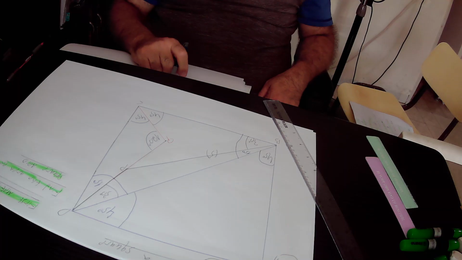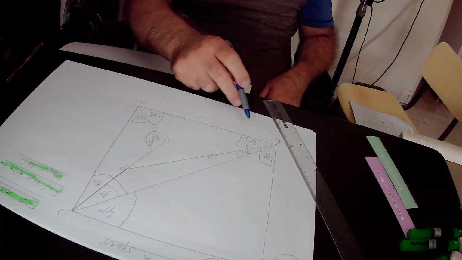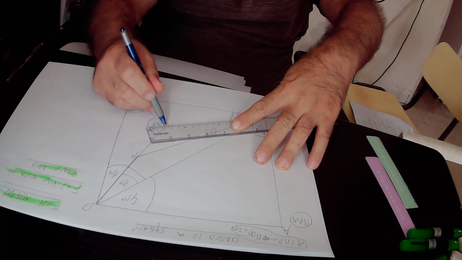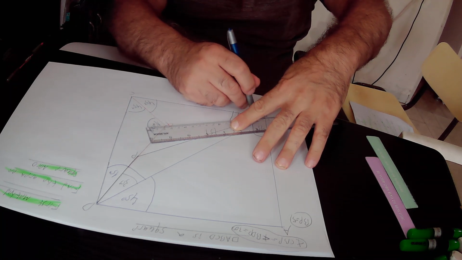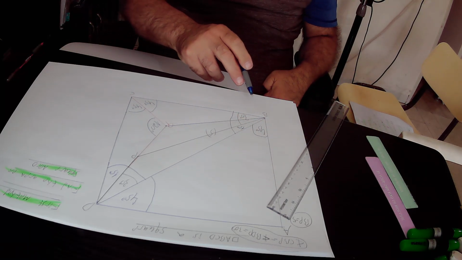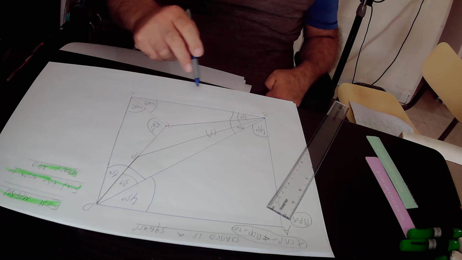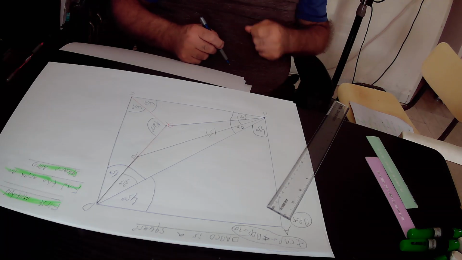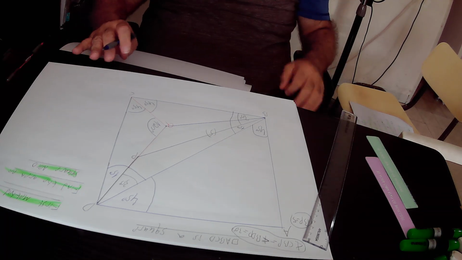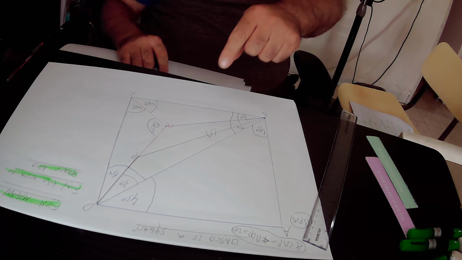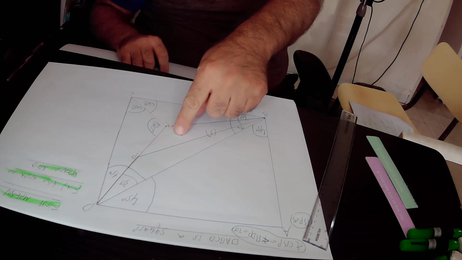In the next step, we will join points B and Q together by a straight line. By joining points B and Q together, we get triangle BQC. So, in the next step, we'll prove that those two triangles can go into each other according to the side-angle-side rule.